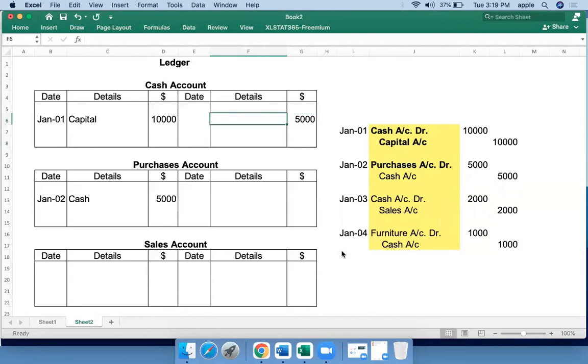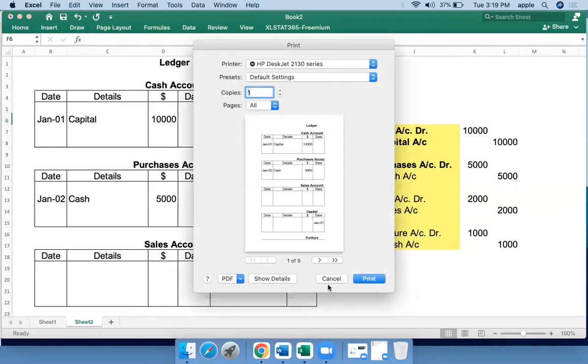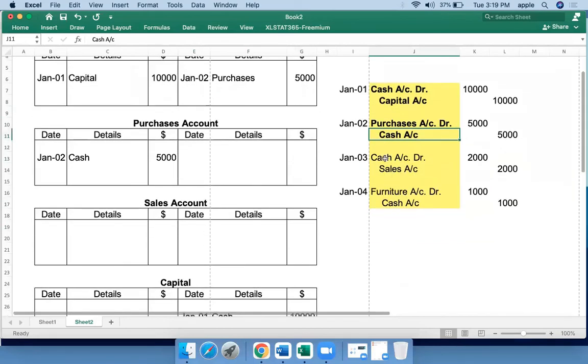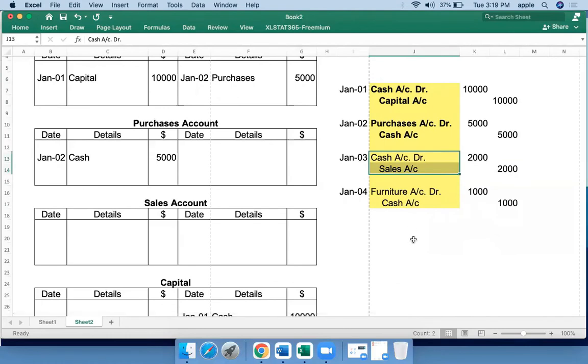Name of the opposite account? Purchases. So I will write purchases, and the date is Jan 2nd. Done. So we are done posting in the cash account. Next entry, tell me what is the next entry?